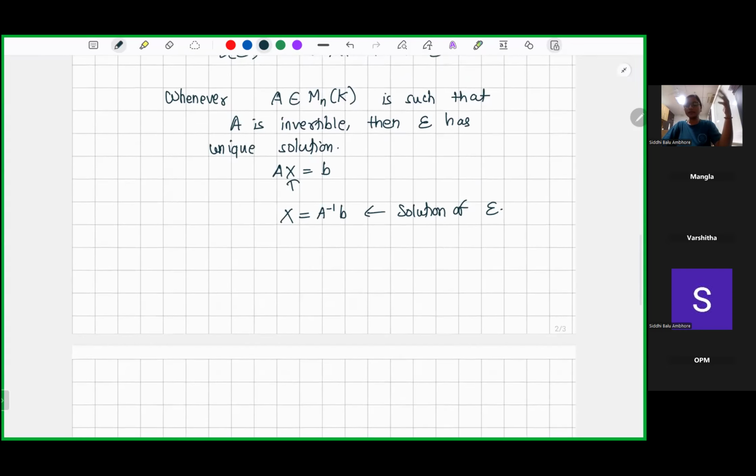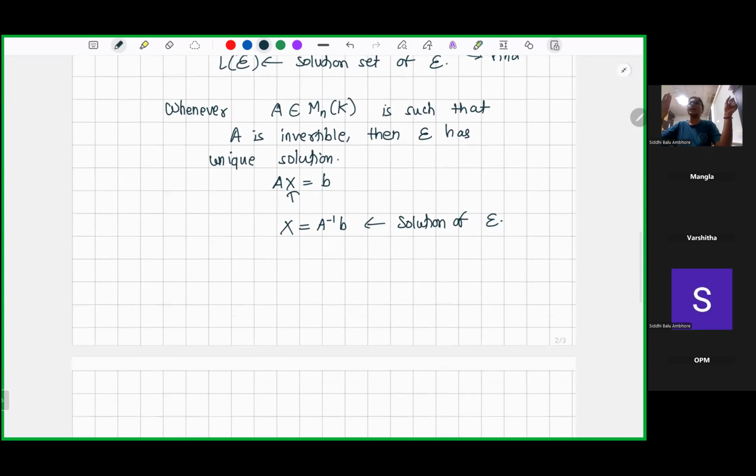This is the case when I am talking about a system where b is non-zero.